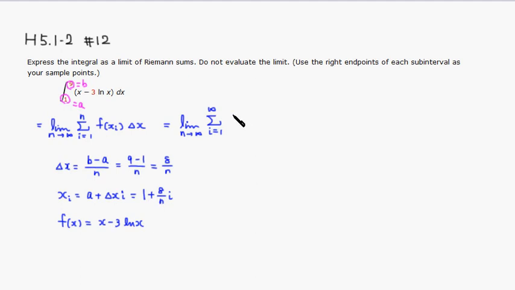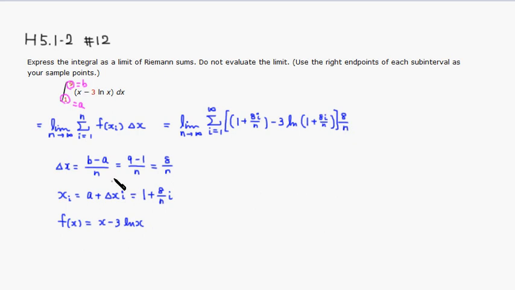We're going to get 1 plus 8i over n, minus 3 times natural log of 1 plus 8i over n, then multiply by delta x. Delta x is 8 over n.